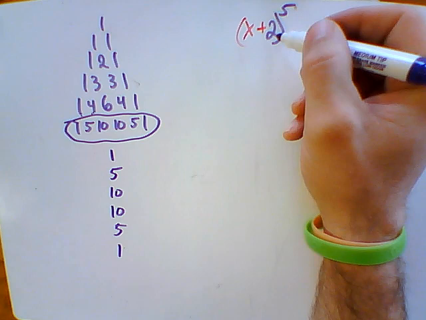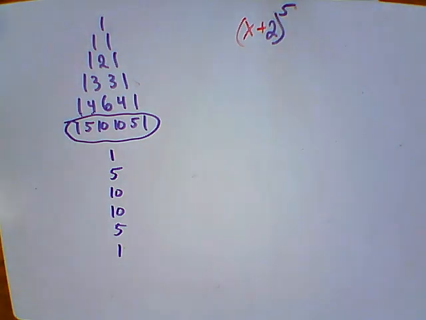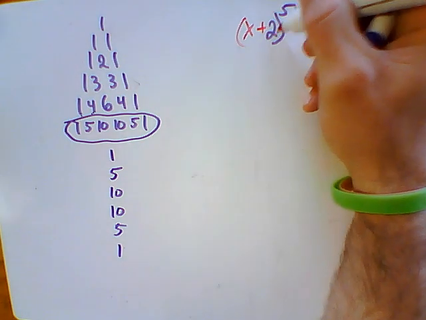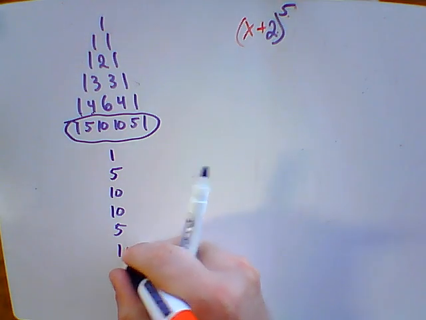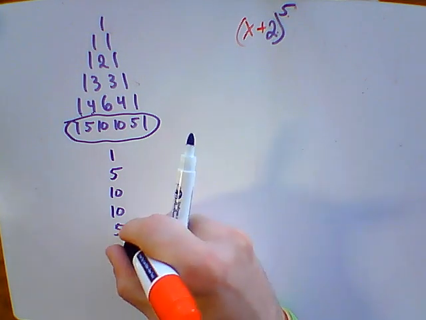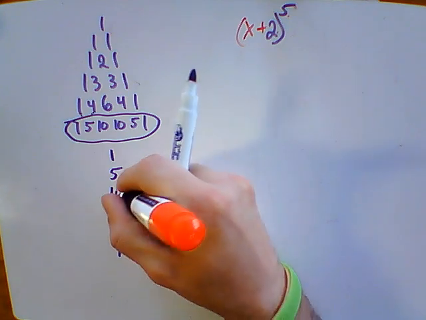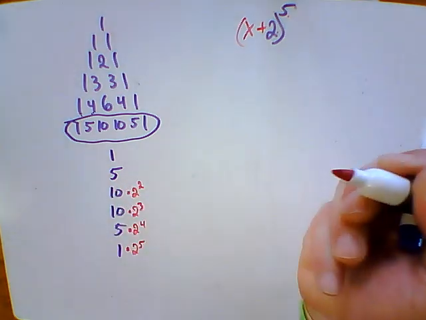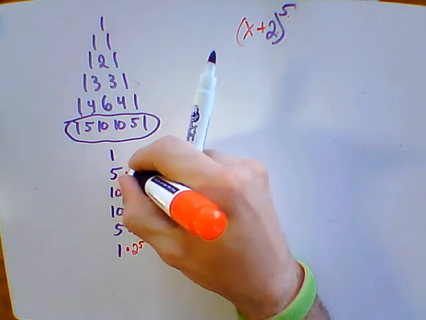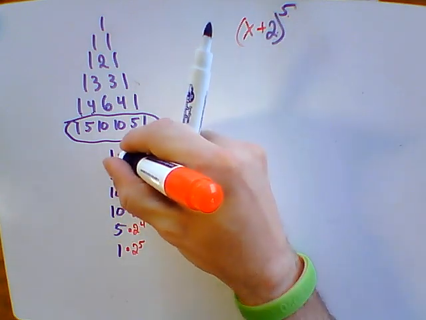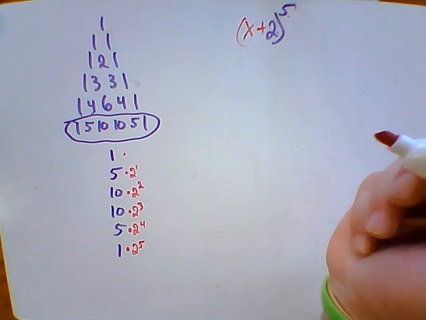I'm going to go backwards a little bit here just to make my numbers separate, and I'm going to change colors on you. So I'm going to have 2 to the 5th counting up. So times 2 to the 5th, times 2 to the 4th, times 2 to the 3rd, times 2 to the 2nd, times 2 to the 1st, times no 2.